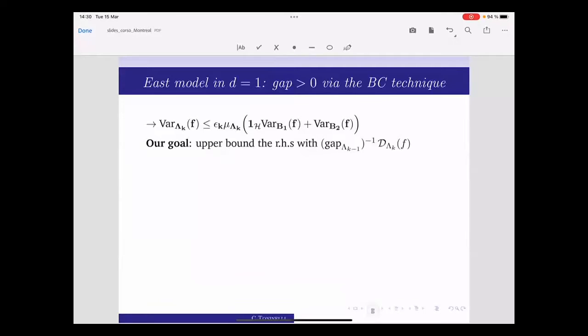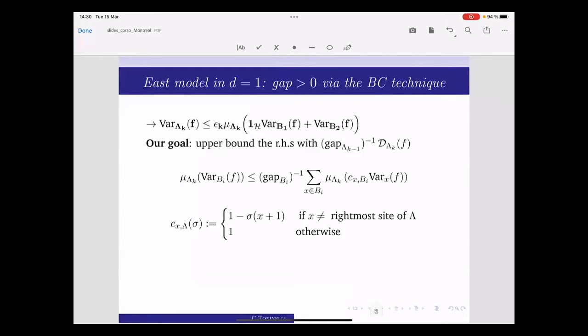Now my goal will be to introduce the East dynamics here, and in particular to upper bound the right-hand side not with the Dirichlet form for the block dynamics, but with the Dirichlet form for the true dynamics, the East.